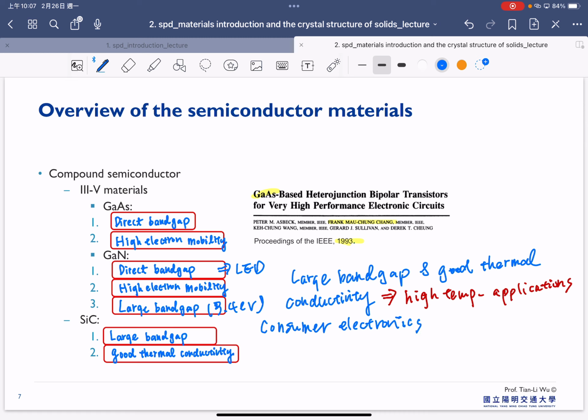And also, for some applications, we need to develop another set of electronics. For example, we have automotive electronics.